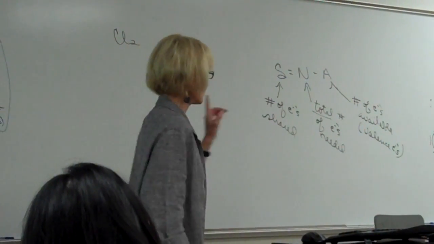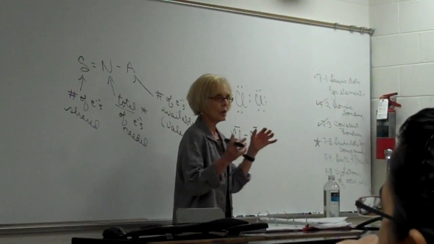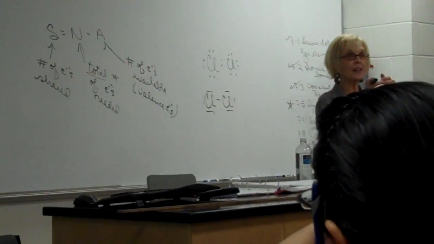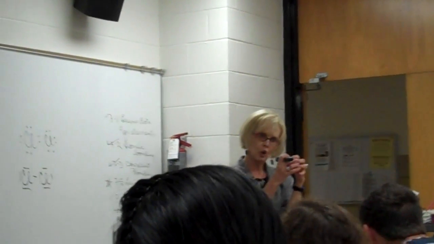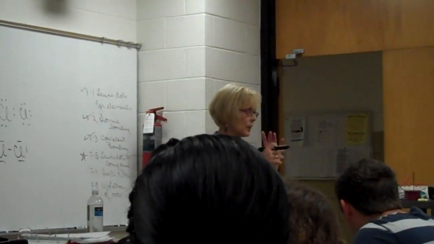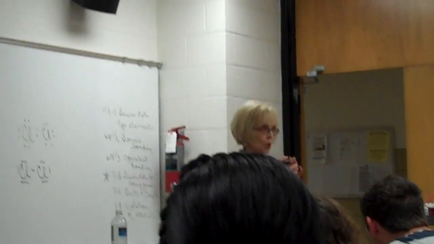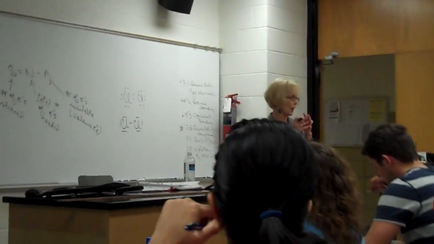Now, we did that just a moment ago. We did it here by the old trial and error system, saying, hey, I bet if they scooted together and shared one pair, they'd both be happy. Well, chlorine is a pretty simple case. And we're going to have more complex molecules where the ideas won't come that quickly.